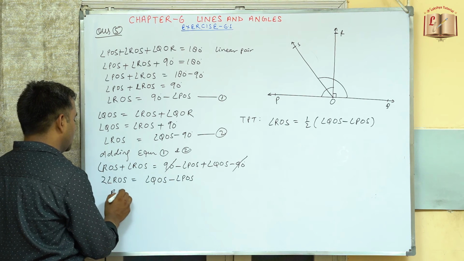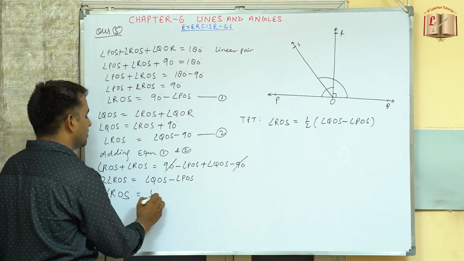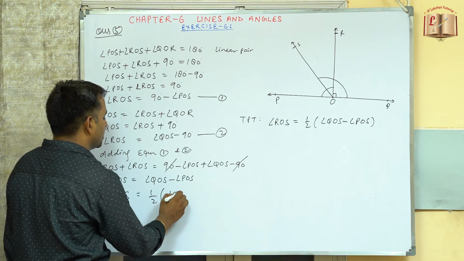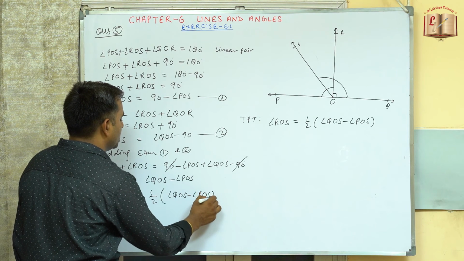So we can find angle ROS is equal to angle QOS minus angle POS, divided by 2.